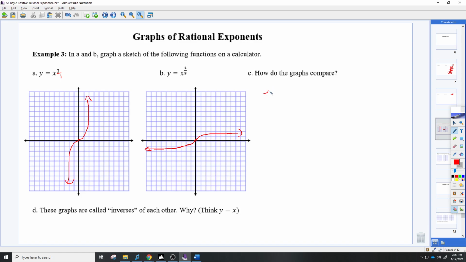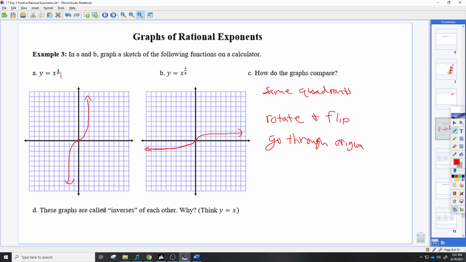We could say that they go through the same quadrants. Seems like we had to do a rotation and flip. They both go through the origin. A couple of things that are the same about them.